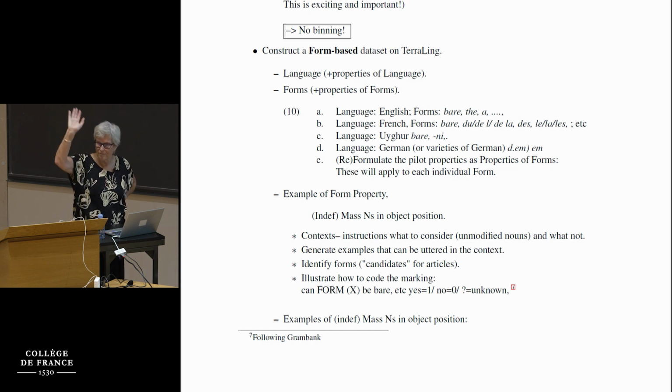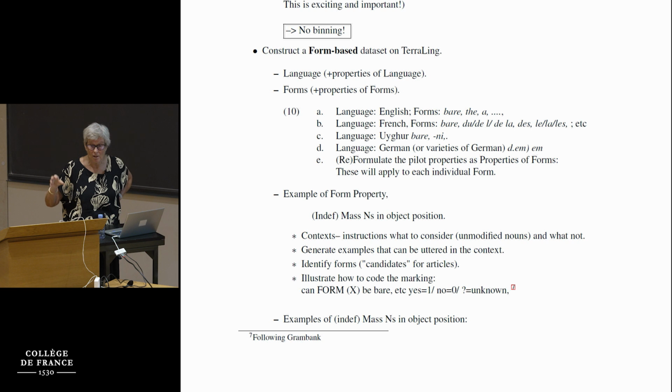So for a language like English, we will have typological properties, and it will also have forms. The forms can be bare, the, or a, but maybe we can add other forms as well. Because if we want to know what happens with definiteness, we might also want to know what happens with demonstratives and with possessors, which all form a picture of what happens with definite reference.